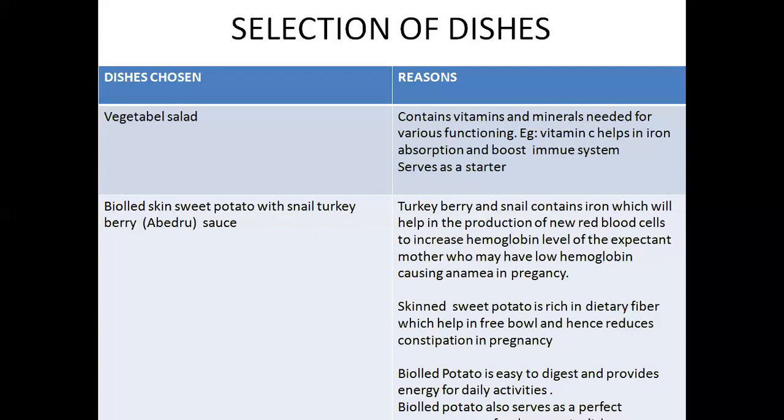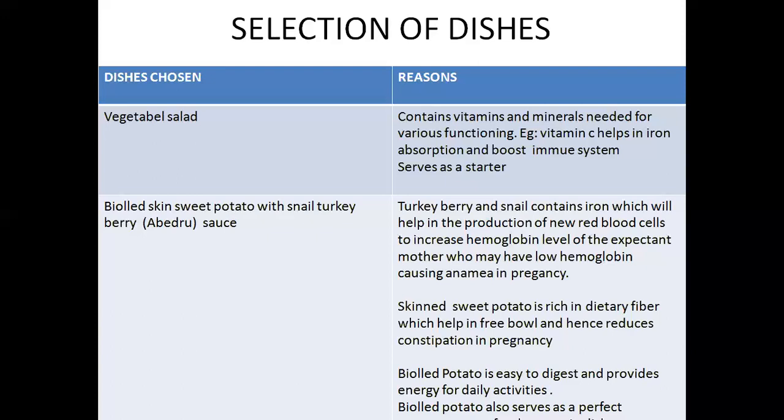Of course, we all know that in pregnancy, there are issues of anemia. So this will help in the development of new red blood cells. So it's a good dish for such a person.